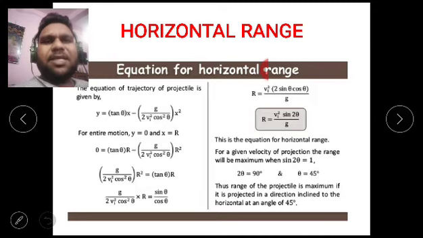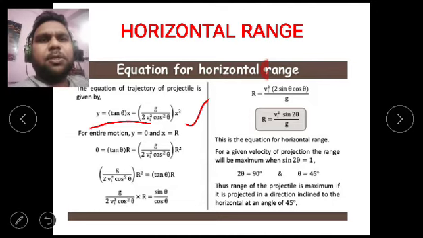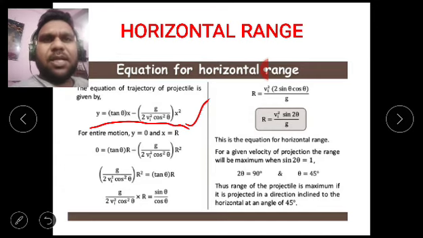There we have discussed that the equation of trajectory of the projectile is given by y is equal to x tan theta minus g by 2 Vi cos square theta x square. This equation I am directly borrowing from the previous video, where it has already been discussed, so I am not going to explain how it came.